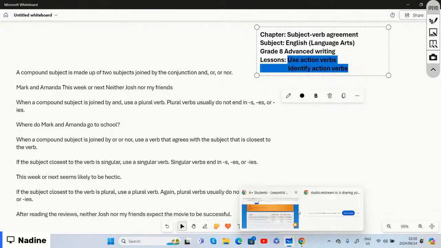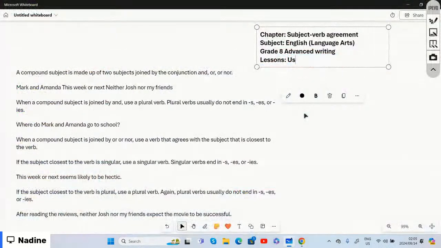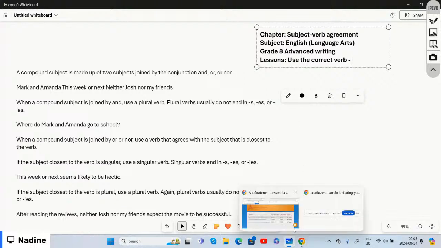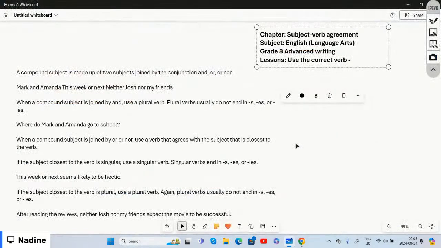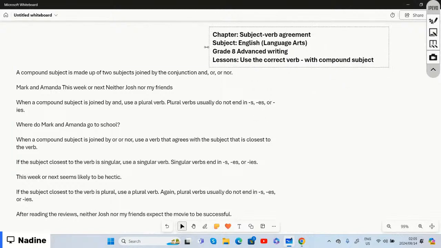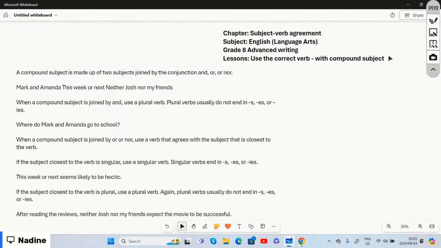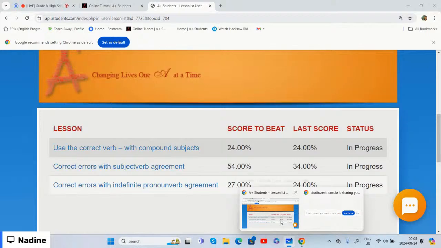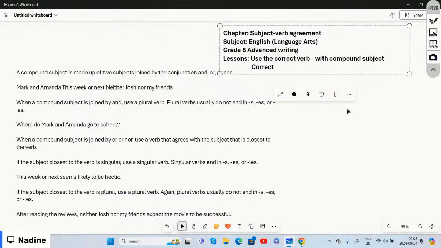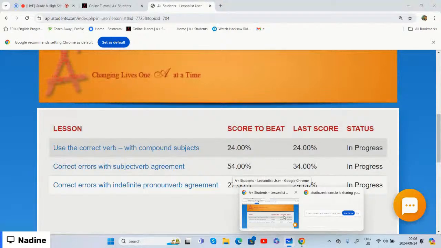Our subject is English language arts, grade 8 advanced writing, and the lessons that we are focusing on are to use the correct verb with the compound subject and to correct errors with subject verb agreement.